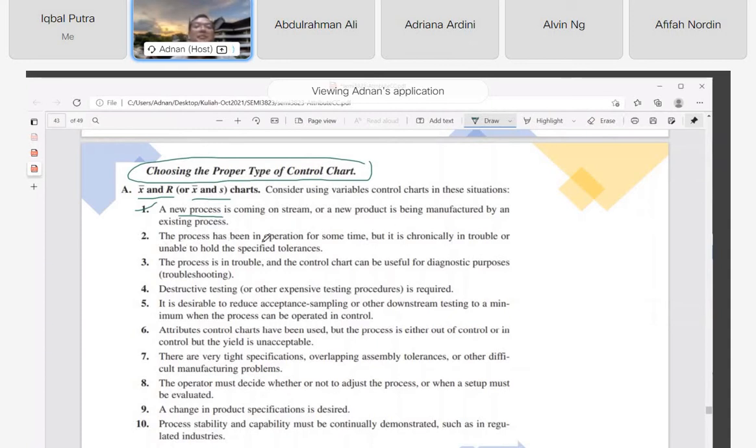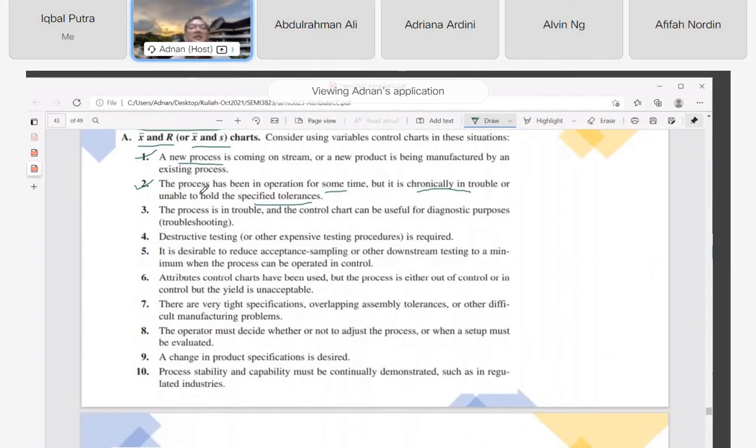The process has been in operation for some time, and it is chronically in trouble, unable to hold tolerance. We found out that there are a lot of rejects and always unhappy customers, so you can use this chart. Process is in trouble, destructive testing.